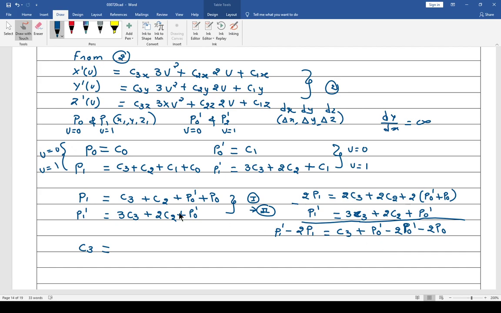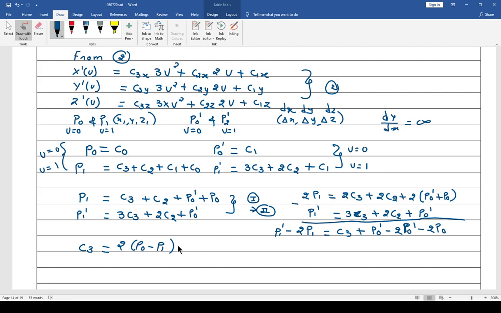So c3 is supposed to be 2p0 minus 2p1. On this side 2p0 goes positive, and 2p1 is already there, so this is correct.